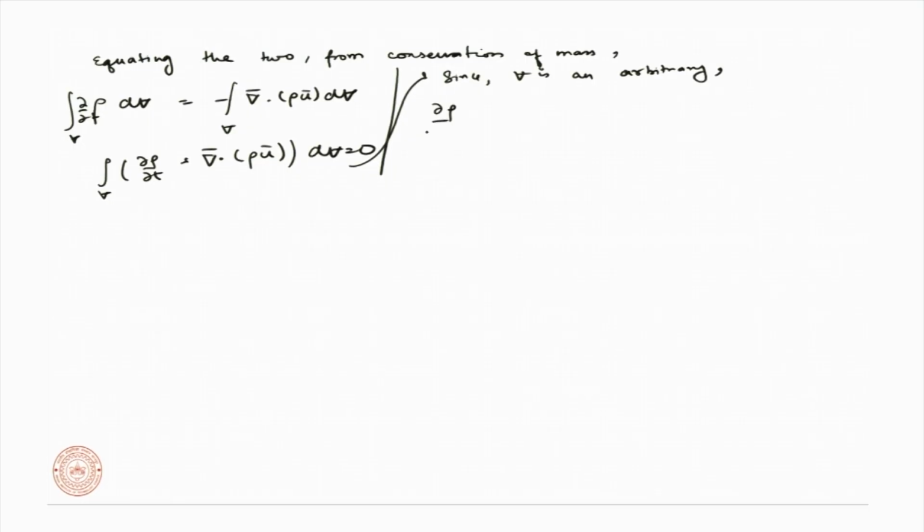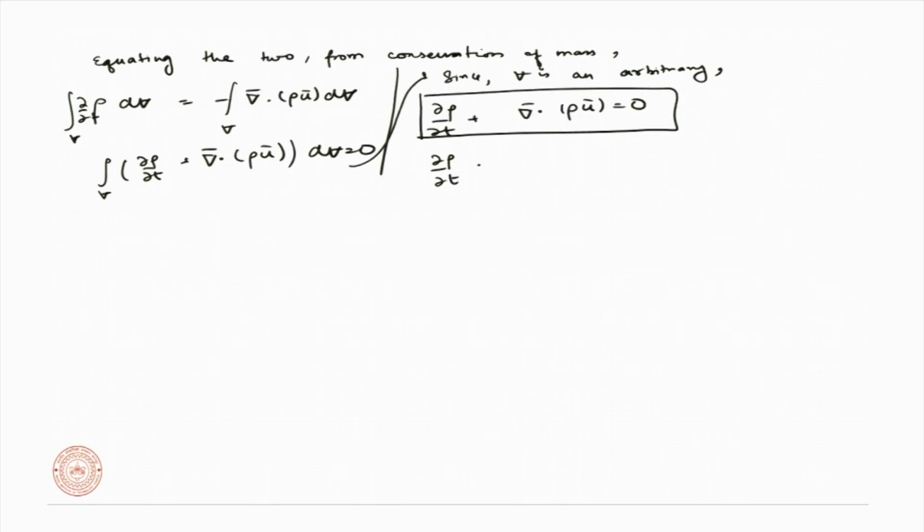So, del rho by del t plus divergence of rho u should be equal to 0, and this is our continuity equation. In terms of Einstein summation notation, this is del by del xi of rho ui.